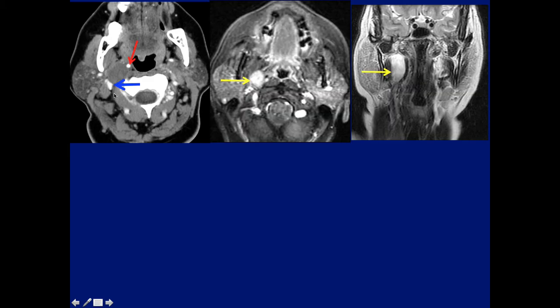Correct. As Gino said, the splaying of the vessels. There's a mass here, and we can see the separation of the carotid and the jugular vein. There's a mass. So here's the mass.